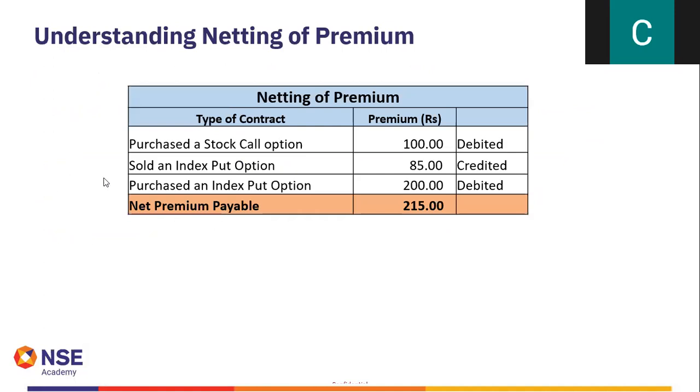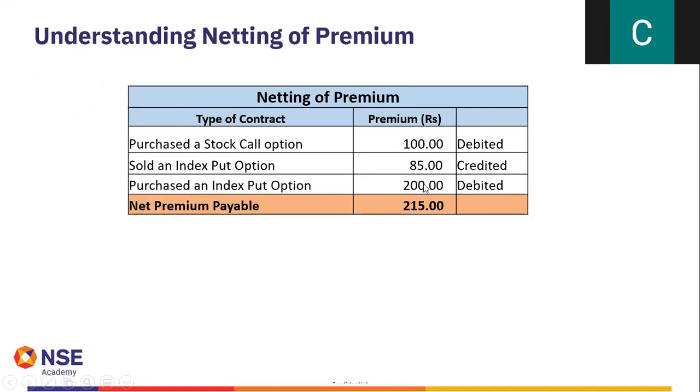So what is this netting of premium? Say example, on any given day. So today I purchased a call option, 100 rupees is the premium that will be debited. I sold a put option, 85 is the premium. Since I sold, I'll be seller. I am the receiver of the premium, so that will be given a credit. And purchased another option.